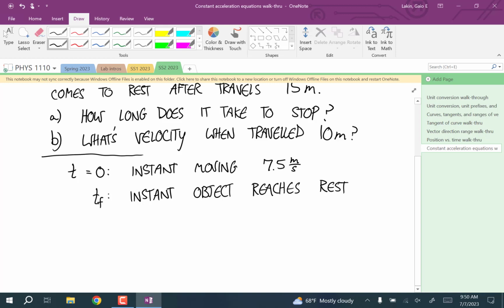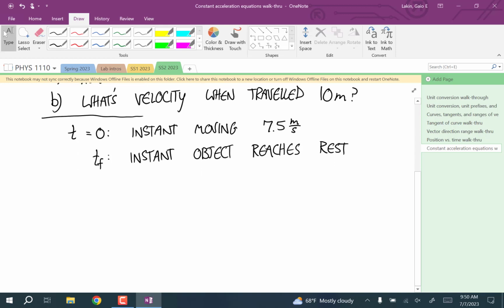So if you chose anything other than those as your time equals 0 instant or your time final instant, figure out what you were thinking that got you there, because these have to be your choices for those two. The other two choices you have to make, you just have to make those to be consistent, but those have more flexibility. So I'm going to tell you what I'm going to choose.